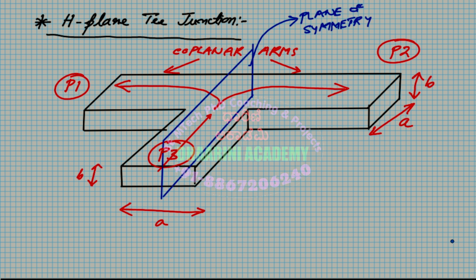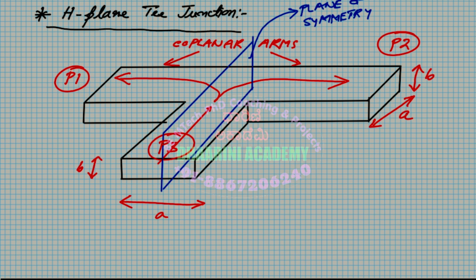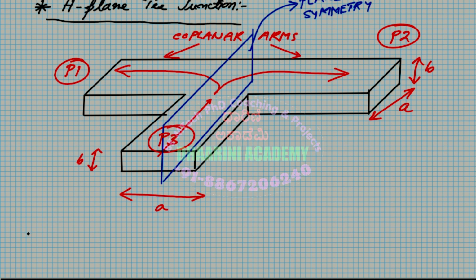Right. So this is the simplest possible diagram showing the constructional features of an H plane T junction. All right. Let's write a few points related to this first, before we proceed further.